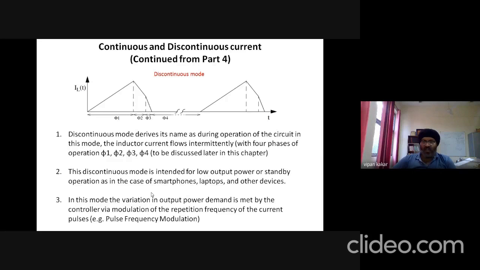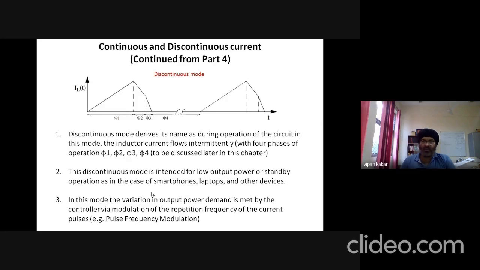So we know that discontinuous mode derives its name from when, during operation of the circuit, the inductor current flows intermittently. It does not flow continuously at some intervals. This figure shows 4 phases of discontinuous operation.